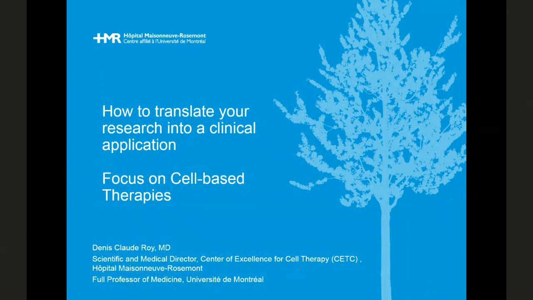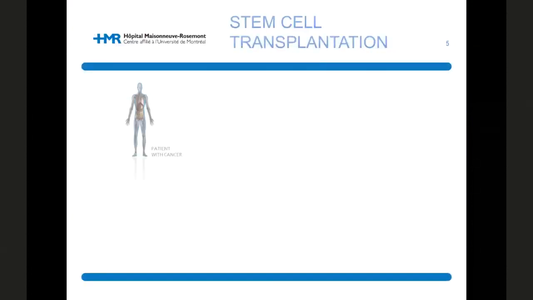And clearly, we're going to focus on cell therapies. And maybe I want to highlight a broad example of cell therapy, and it's basically stem cell transplantation. And for those of you that are not familiar, we're taking patients that are failures to regular treatment and with disease on board, and you have here leukemia cells that are in yellow.